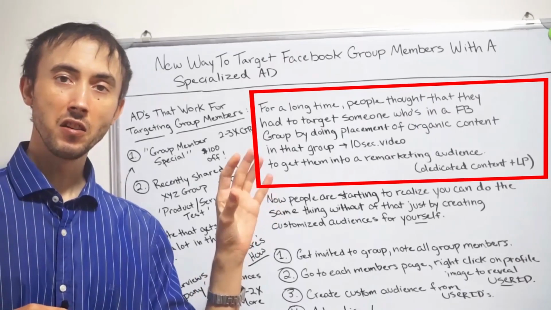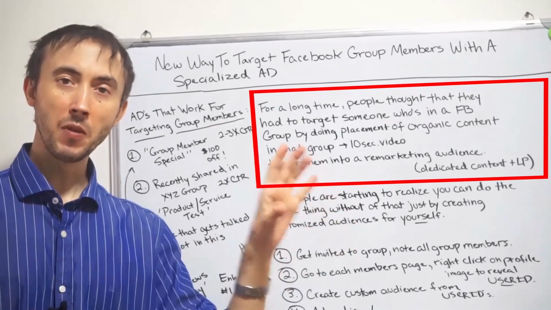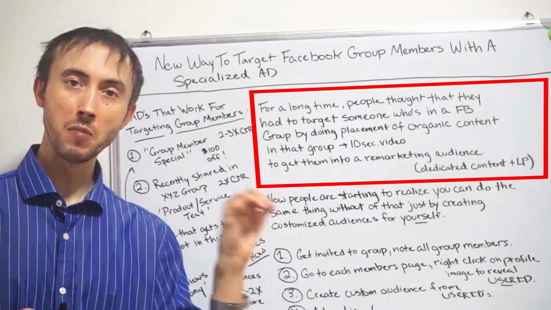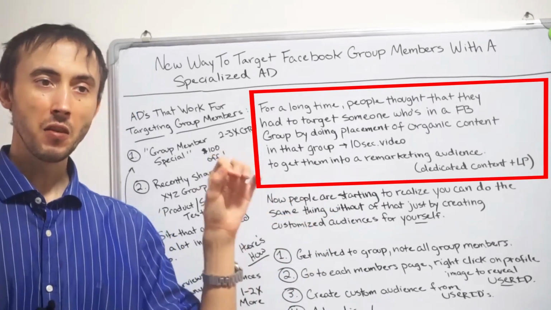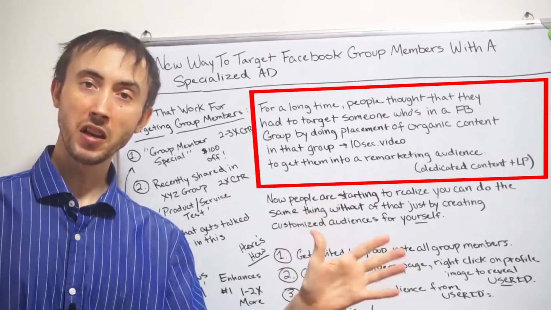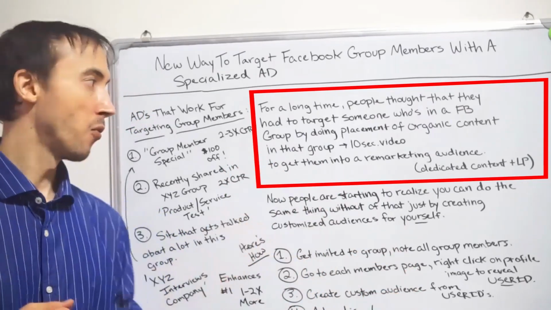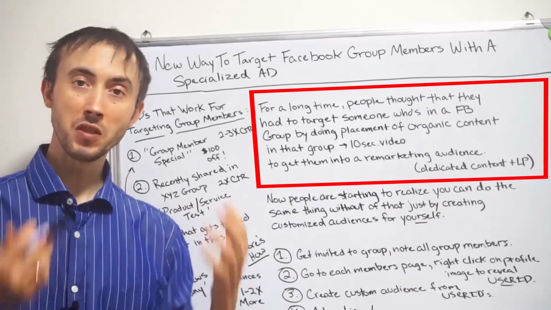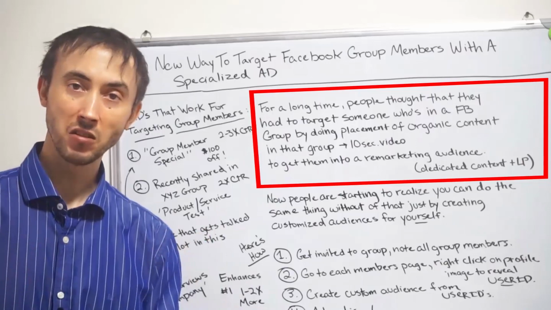And then with that, if the video played at least 25% of the way, which is the minimum for this to work, then they could be put on a special remarketing list, for which you set up a specific video just for this task. That's about 10 seconds long.